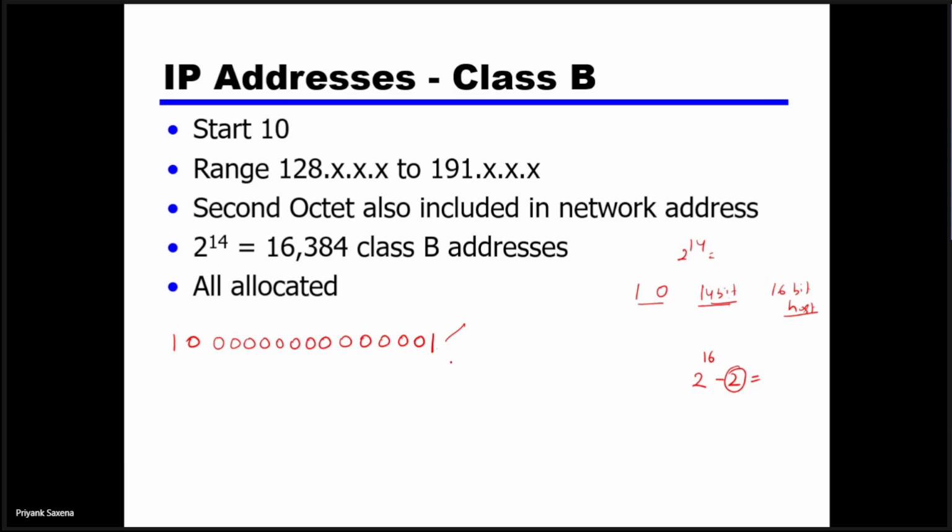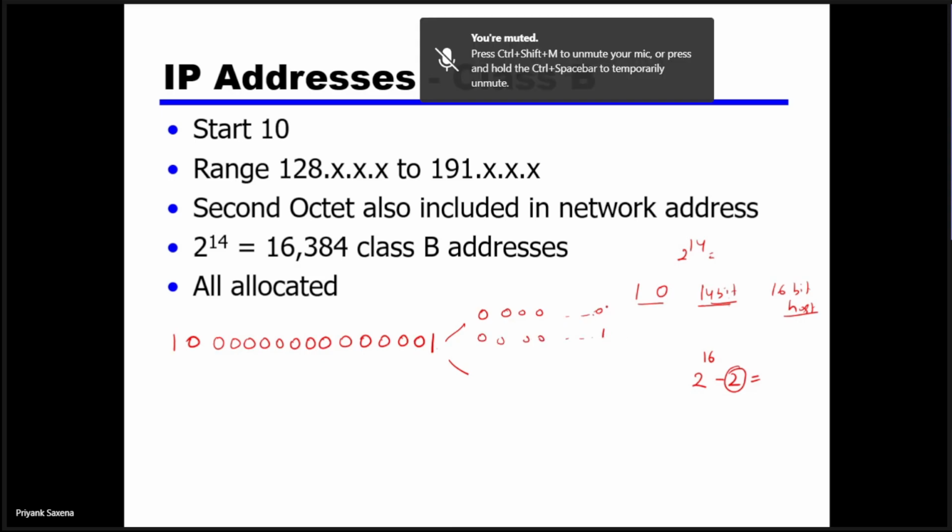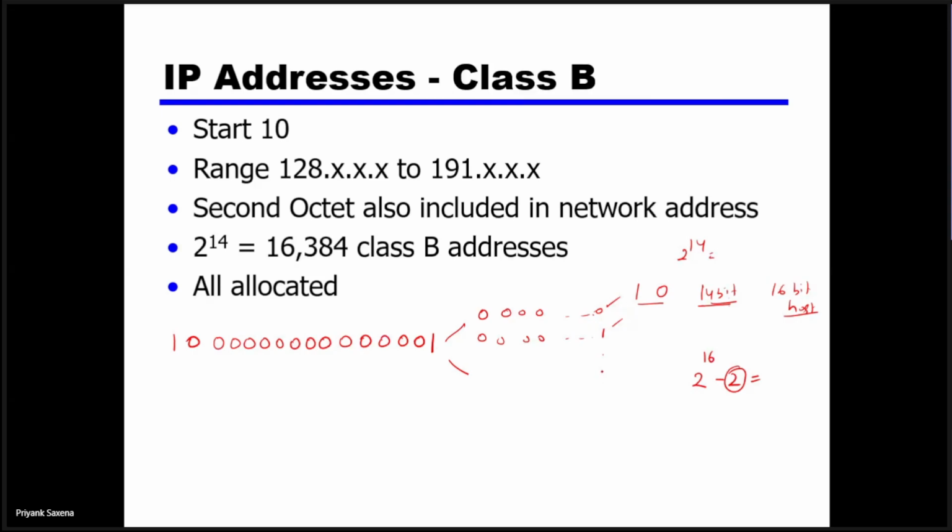In this network you will have 2 to the power 16 hosts, right? Each host has 16 bits. The first host with 16 bits, then 0 0 0 0 1. This is the host number, right? Like that you will have 2 to the power 16 hosts.